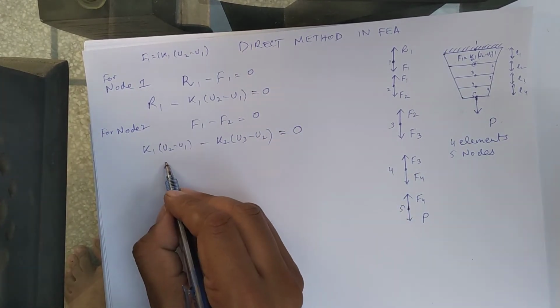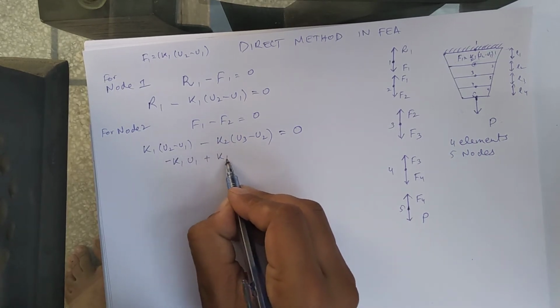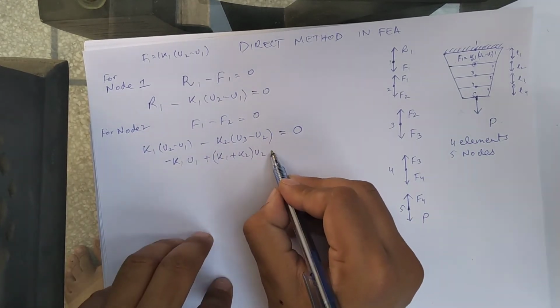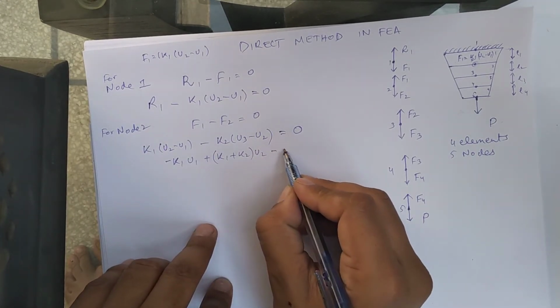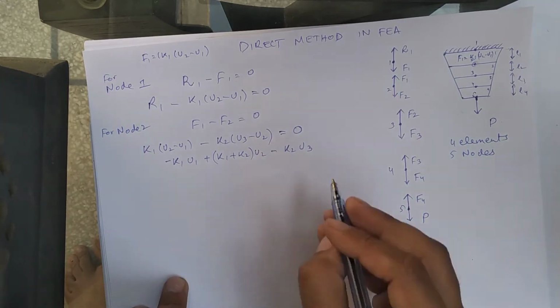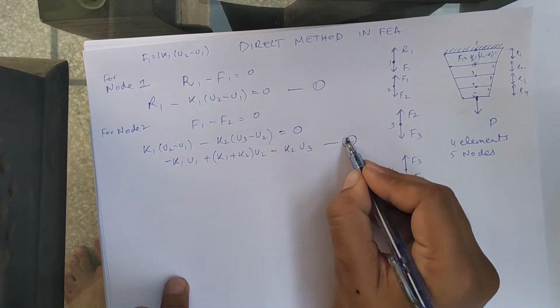We can simplify it: minus K1 U1 plus K1 plus K2 times U2 minus K2 U3. So this is equation number 2 for node 2.